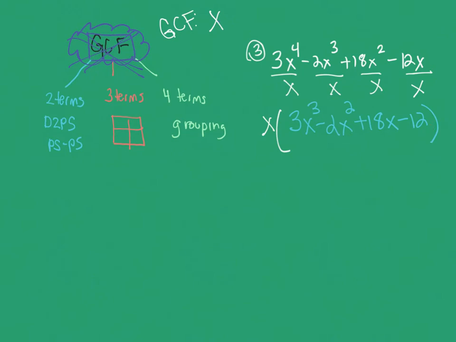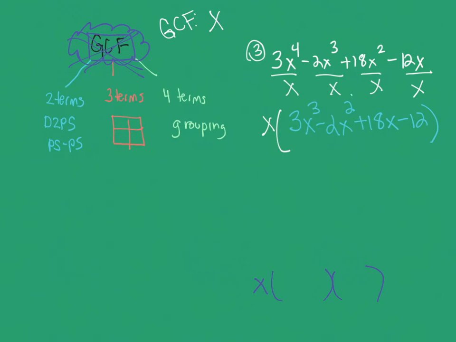If I look at my flow chart here, 4 terms tells me that I'm going to try grouping. Now this is one that I highly recommend: if you want to go down to write your answer, take that GCF and write it there, and then write 2 parentheses to get ready for your answer, so that we don't forget that greatest common factor of x.